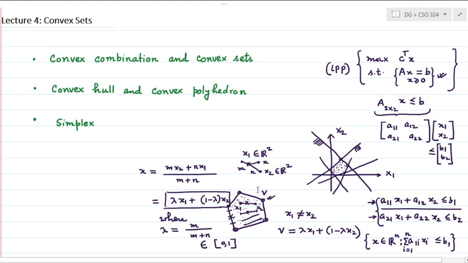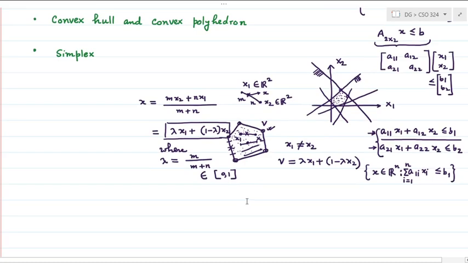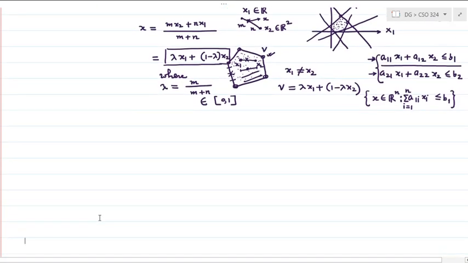So let me define a convex set, and to define a convex set we require the notion of convex combination. This expression x equals lambda x1 plus 1 minus lambda x2 is called a convex combination of the pair of points x1, x2.